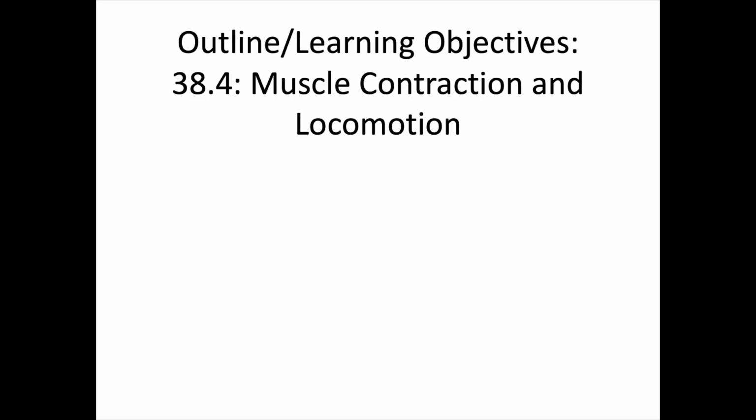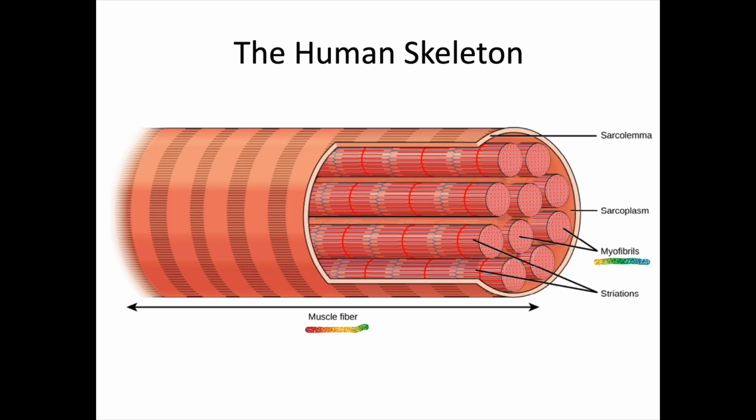We just have to talk about the other half of the musculoskeletal system, the muscle side of things. So to talk about muscle contraction, let's look at an individual muscle fiber. This is a single cell, which is part of muscle tissue. If we look more closely at a muscle fiber cell, we will see that it contains many of these myofibrils.